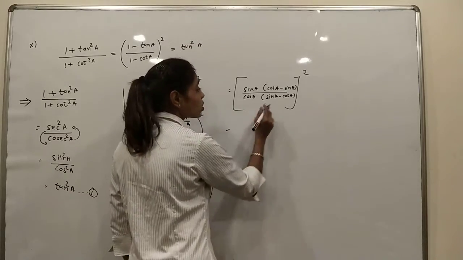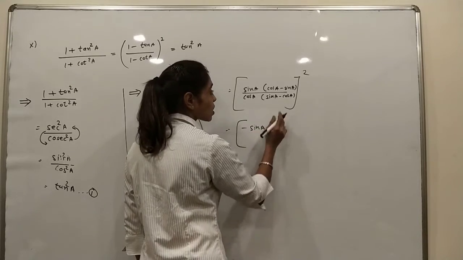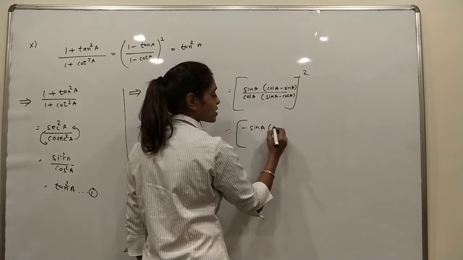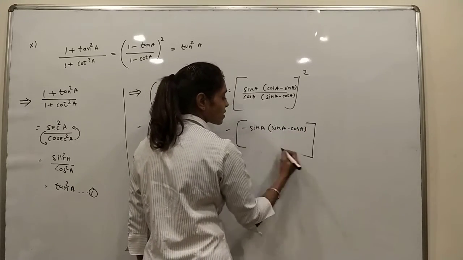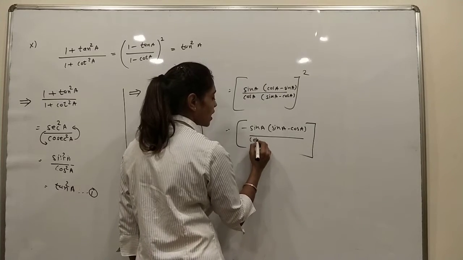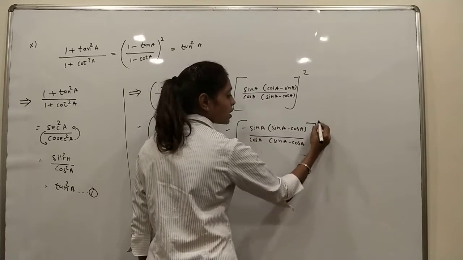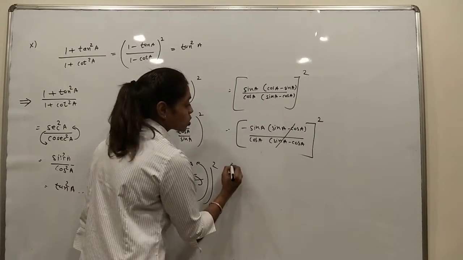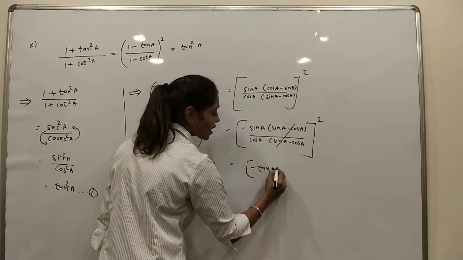So what to do? Take the minus sign common from both, so cos A minus sin A becomes sin A minus cos A. Now the bracket is exactly the same, hence cut. So sin upon cos is tan, so minus tan A, the whole square.